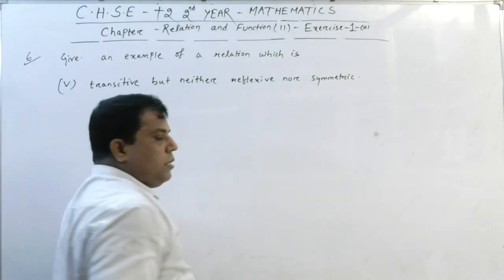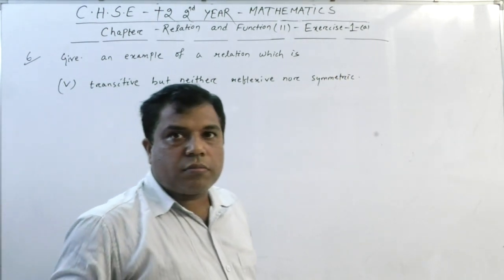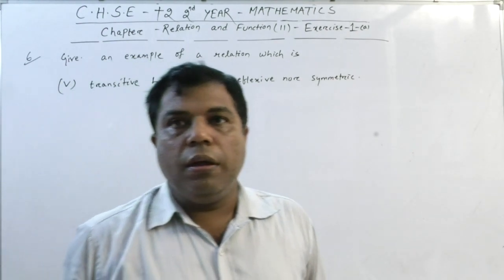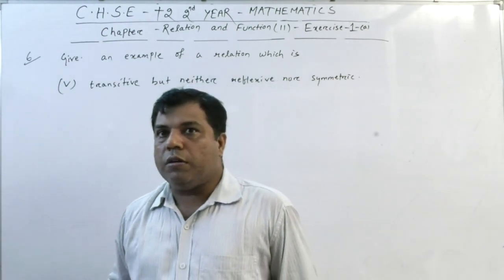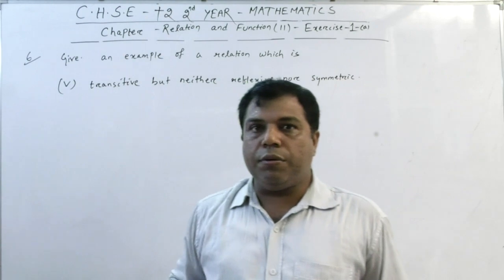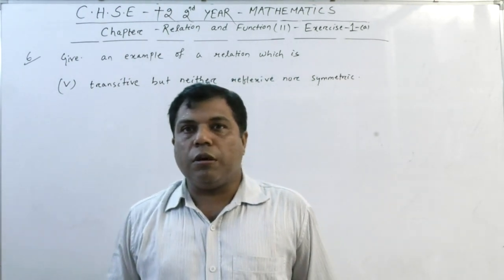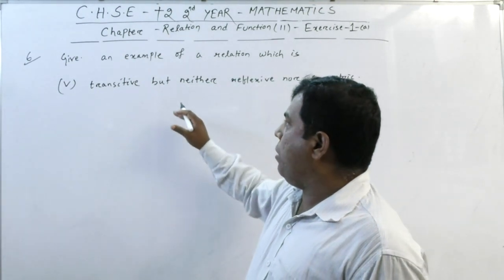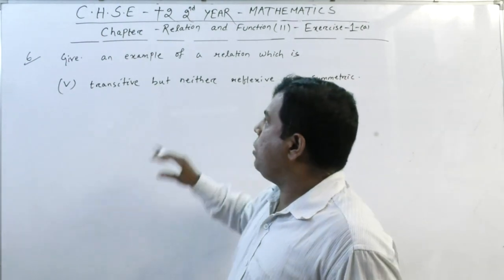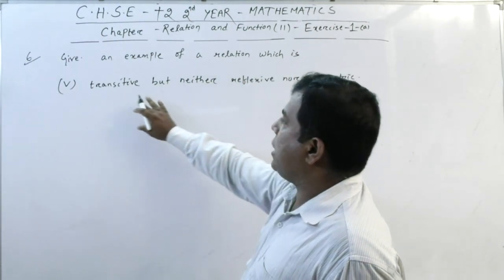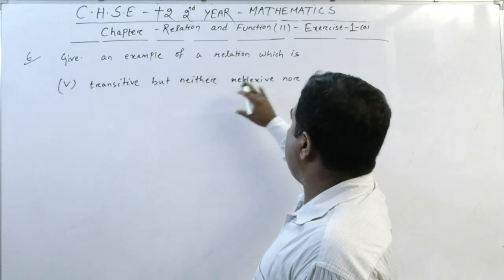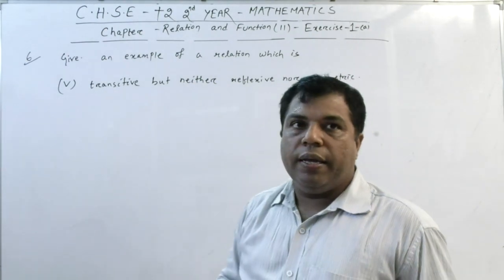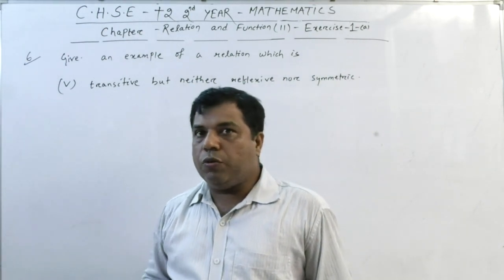My dear students, in the previous video there may have been some confusion, some data may have been missing due to a technical error. But today we have to clarify it: we have to form a relation which is transitive but not reflexive and not symmetric. So again I am doing it for you.